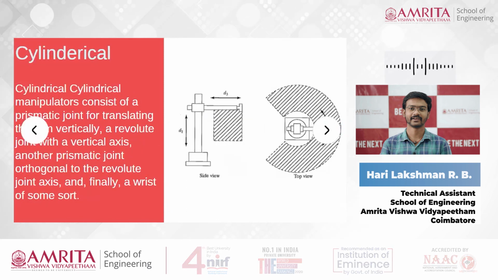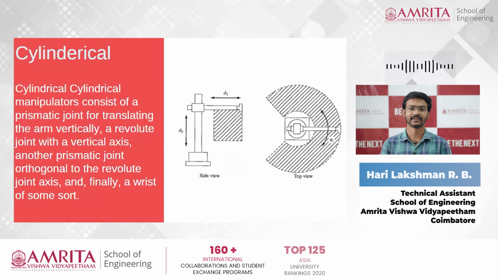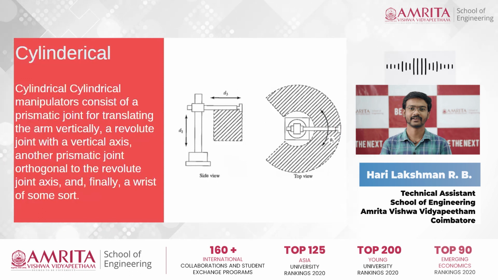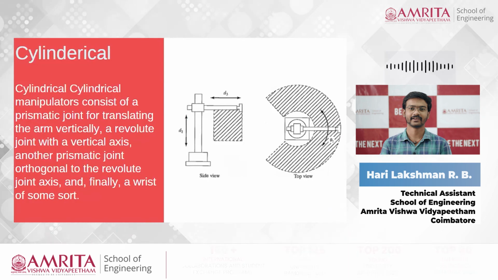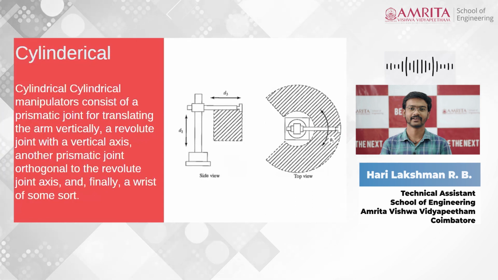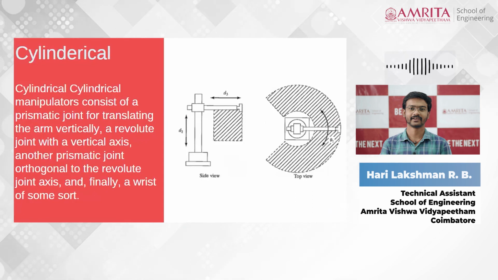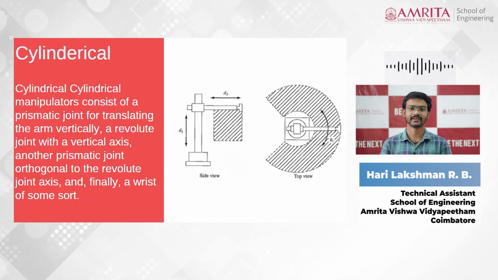The cylindrical manipulator consists of a prismatic joint for translating the arm vertically, a revolute joint with a vertical axis, another prismatic joint orthogonal to the revolute joint axis, and finally a wrist of some sort.